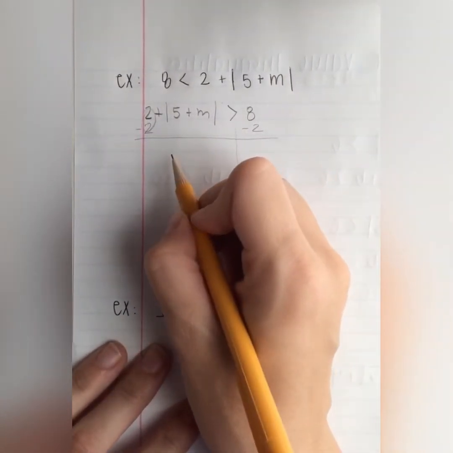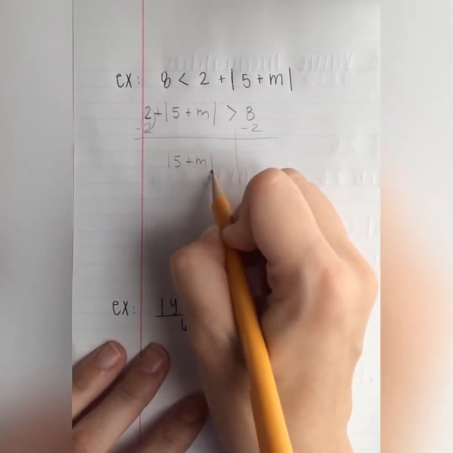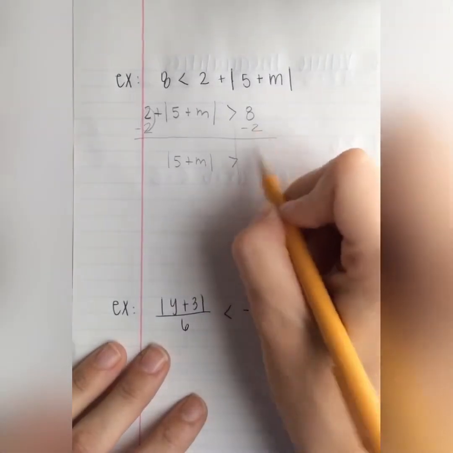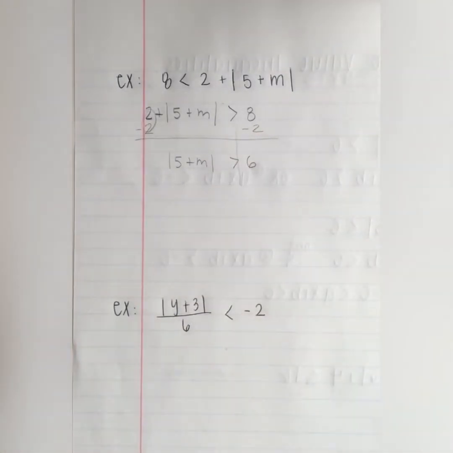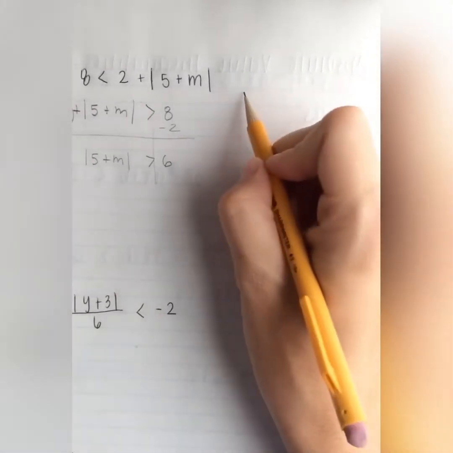So I'm left with the absolute value of 5 plus m is greater than 8 minus 2, which is 6. Okay? Now from there, we want to set up our 2 statements, our 2 separate inequalities, okay? So we can think about this on the number line again.